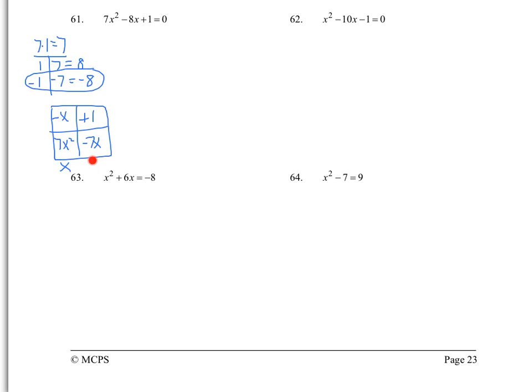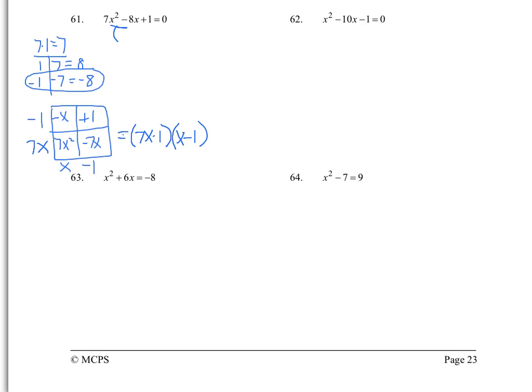And working with negative 7x and 1, because this first term is a negative, I'm going to pull out a negative 1, but that's the only GCF I have. Now working with my rows, again, this first term is a negative, so I'm going to pull that out. And for this row, I can pull out not only a 7, but also an x. That means this is going to factor into (7x minus 1)(x minus 1).